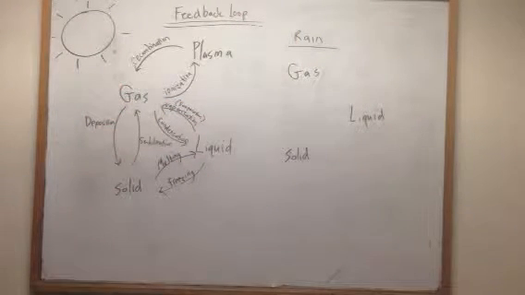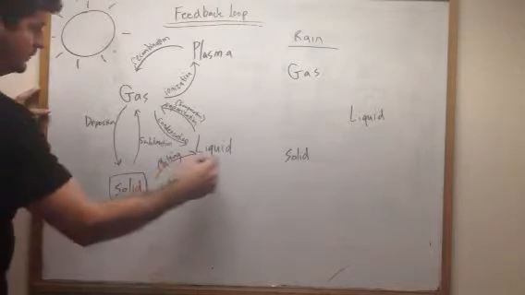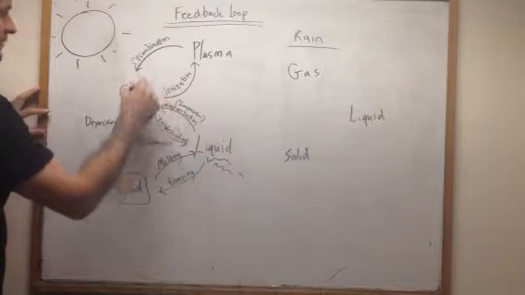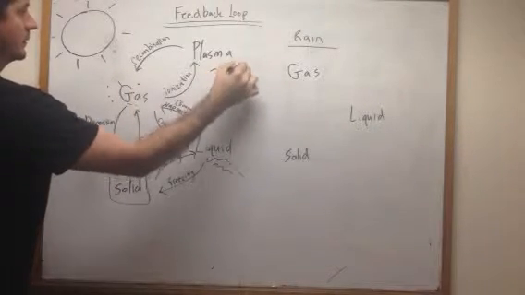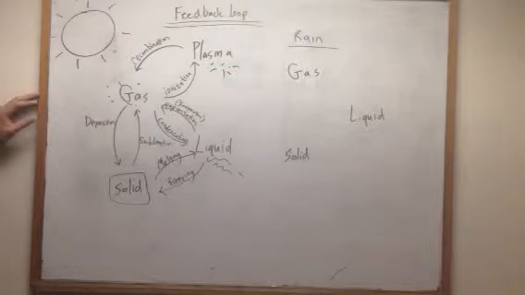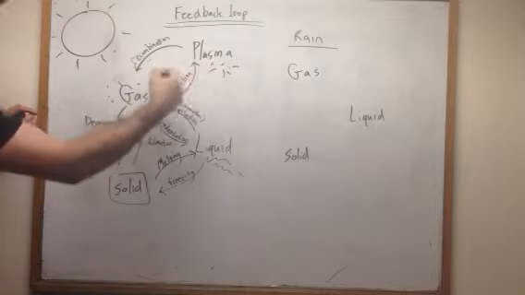Now, for those that understand that we have different phases of matter, you have solids, you have liquids, you have gases, and you have plasma. You have to understand that they go through phase transitions.